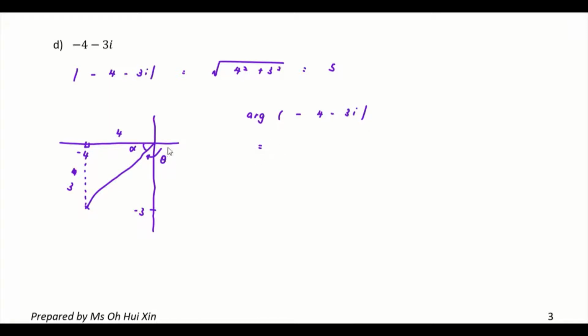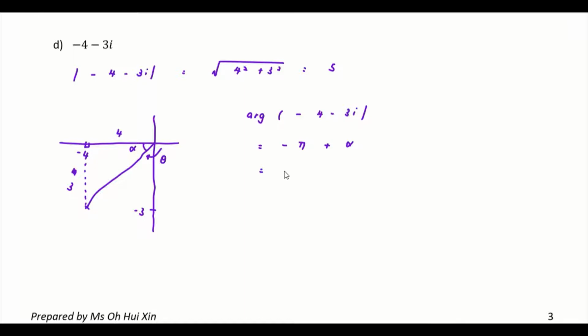Alright, so to find our argument for negative 4 minus 3i, how do you find this? You can see from here to here is going to be negative pi, right? Then after that, you deduct this part. So that's why it's going to be negative pi plus alpha. Because you move in the negative direction, right? So the whole thing you move up to here is negative pi, then you add this, then you come back, and you want to find this only.